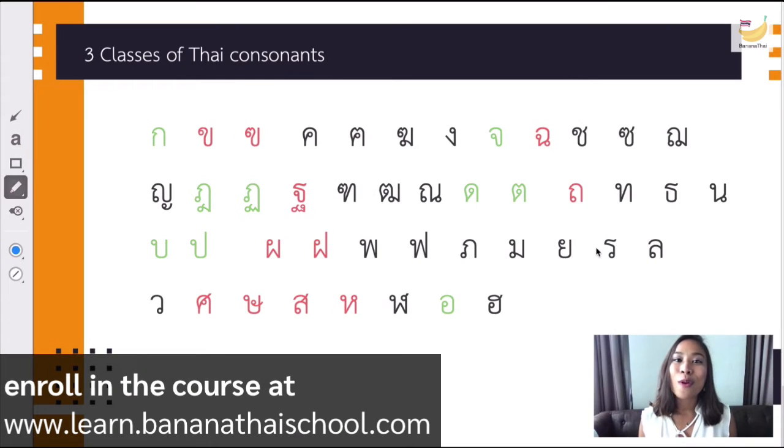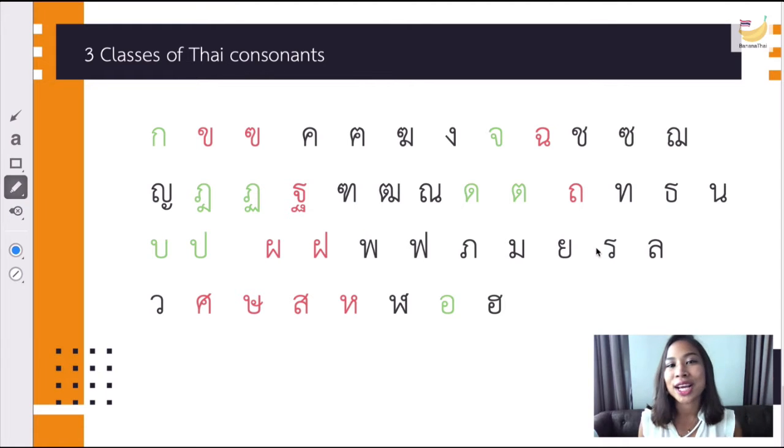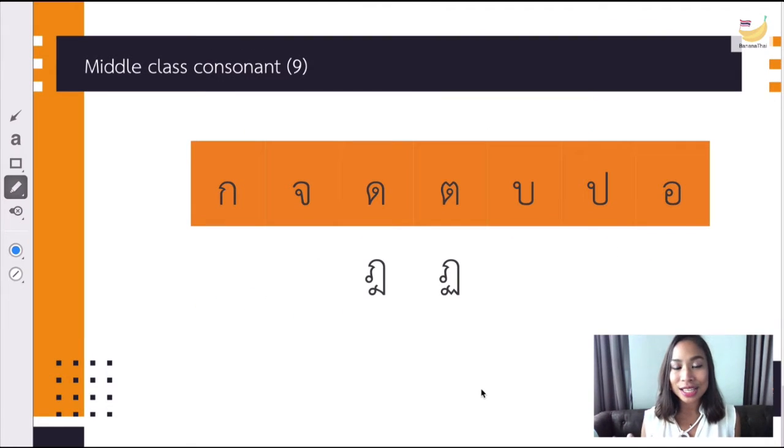As I mentioned in the previous video, there are 44 Thai alphabets, but there will be 3 classes of Thai consonants, which means that the Thai consonants are classified into 3 different classes: middle class, high class, and low class. Today we will be learning about middle class consonants. It's easier to take a look at. Here are the main 7 consonants for the middle class.